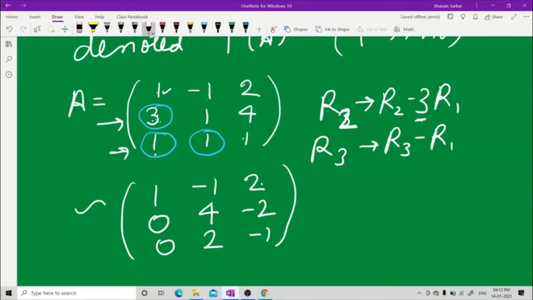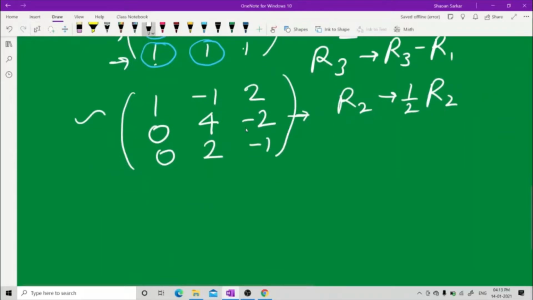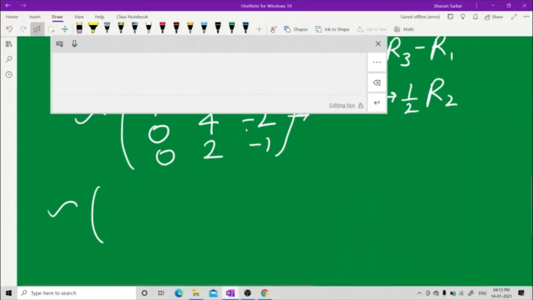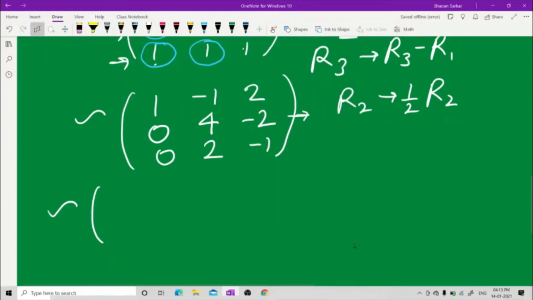Now divide this row R2 by 2, that is, 1/2 R2. Leave row R1 as it is: 1, -1, 2. Then 0, 2, -1, and 0, 2, -1.